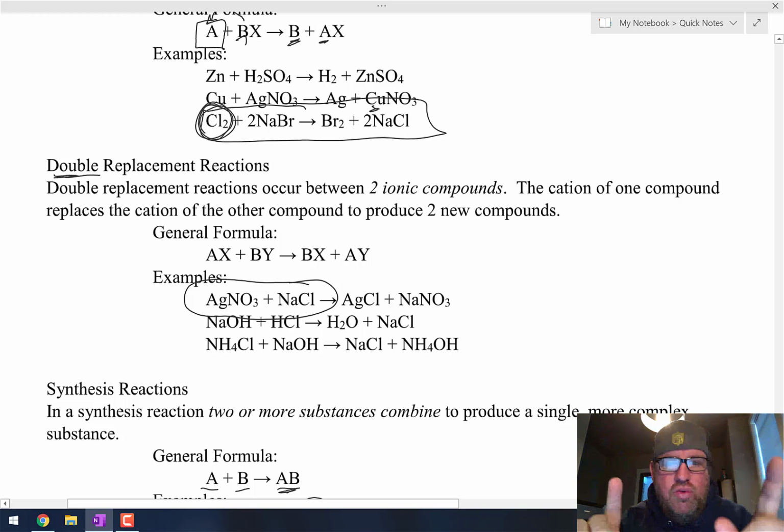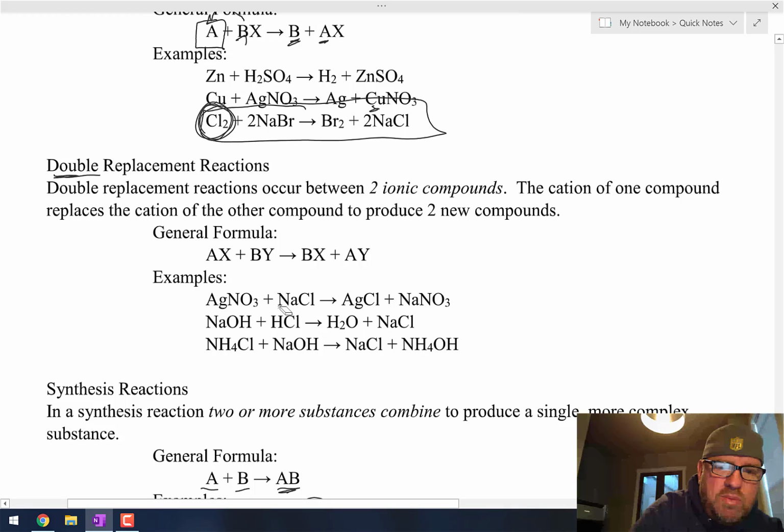Basically, you have two different ionic compounds, and very similar to single replacement, they just trade places. So the sodium now goes with the nitrate, and the silver here goes with the chlorine. Notice that in every example, the Na and the H are going to trade places.